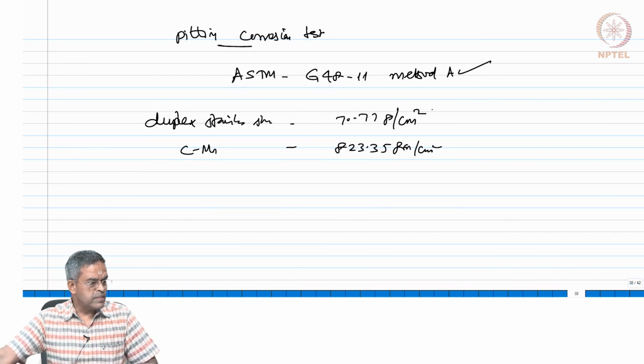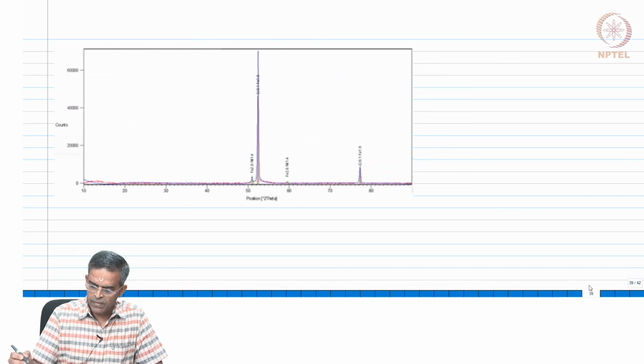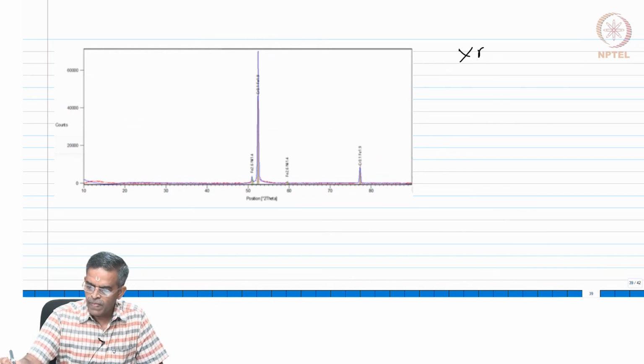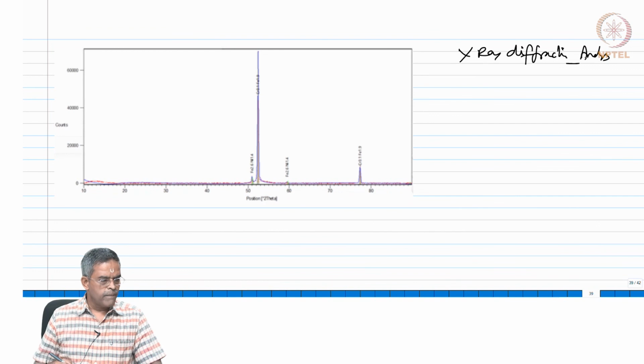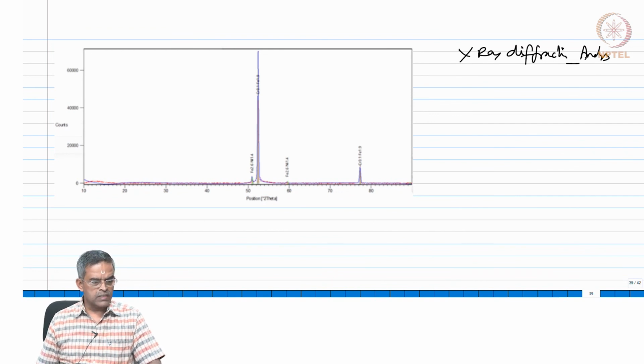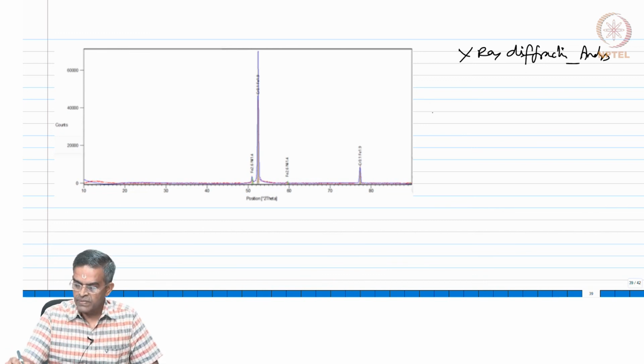X-ray diffraction analysis was carried out. We see the result on the screen now, which shows that there is a central peak of Cr 0.1, chromium 0.1, and ferric 1.9, indicating the presence of chromium oxide at the interface.